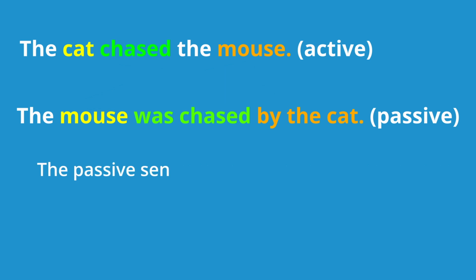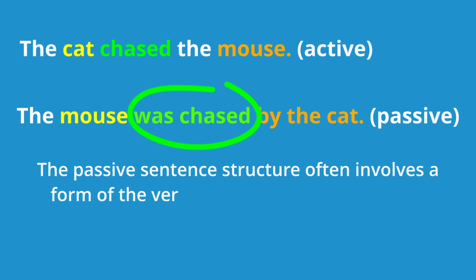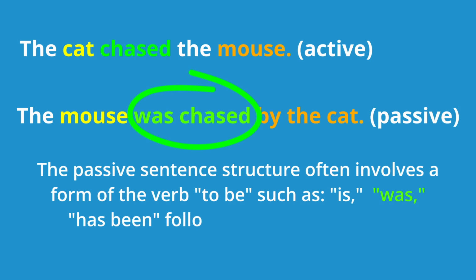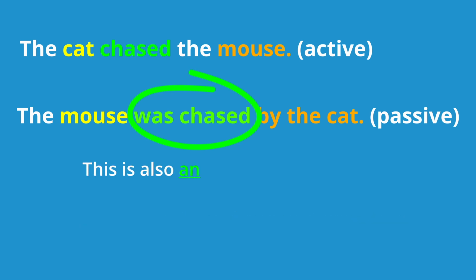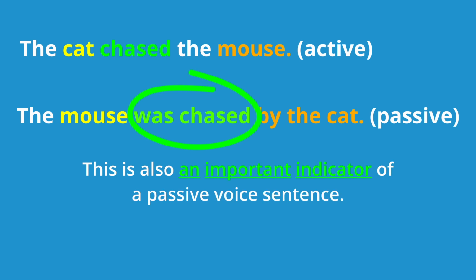The passive sentence structure often involves a form of the verb to be, such as is, was, has been, followed by a past participle. This is also an important indicator of a passive voice sentence.